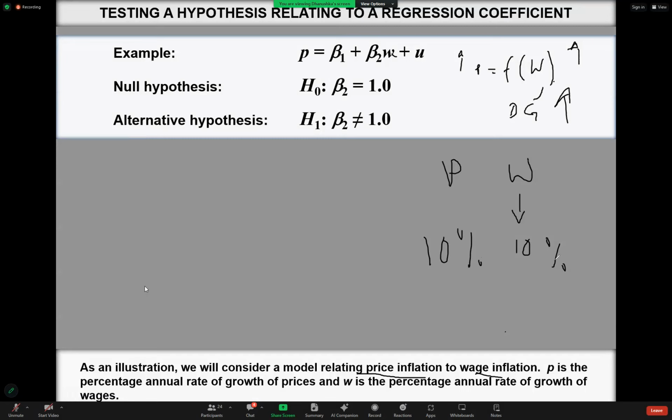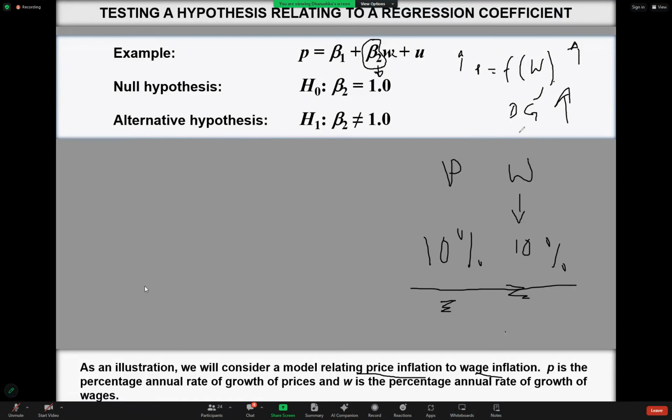You assume that when wage increases by some percentage, price also increases by the same percentage. If this is the situation, then this beta 2 value should be equal to 1.